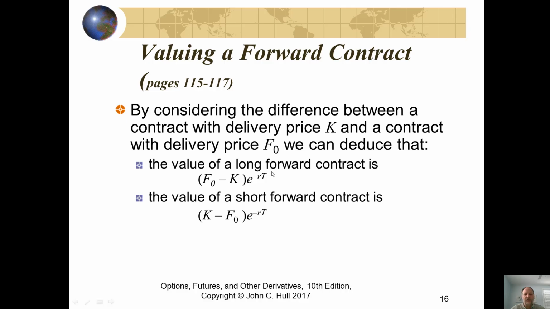F naught minus K, times e to the minus RT. And of course, the sum of the long and the short position has to equal 0. So the value of the short forward is going to be K minus F naught, times e to the minus RT, since they are agreeing to deliver for K, and if they had waited until today, they would instead be delivering for F naught.